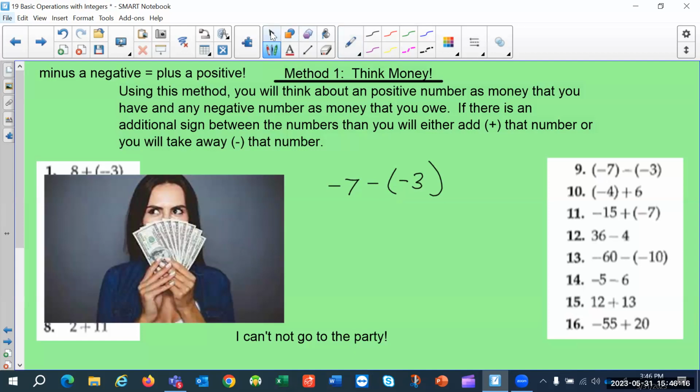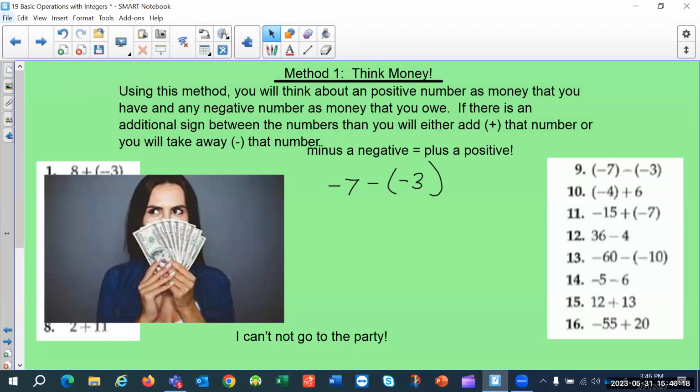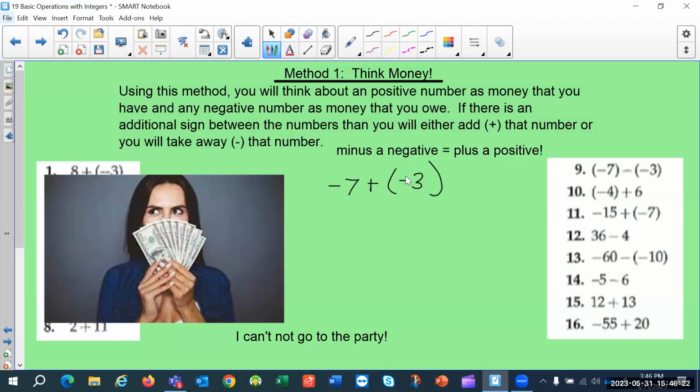Minus a negative is equal to plus a positive. So we are going to change that. That doesn't mean we change the first one though. That -7, we still owe 7. We're not changing that. It's these two that change.